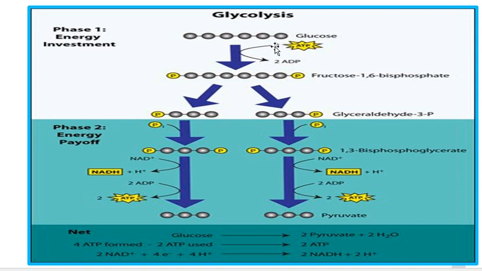So one phosphate in here, tapos isa pod ka phosphate dito. So if si ATP nga tulo iyahang phosphate nakulangan og isa ka phosphate, pila na lang ang nabilin niya nga phosphate? So we have duha. Mahimo siya og adenosine diphosphate.